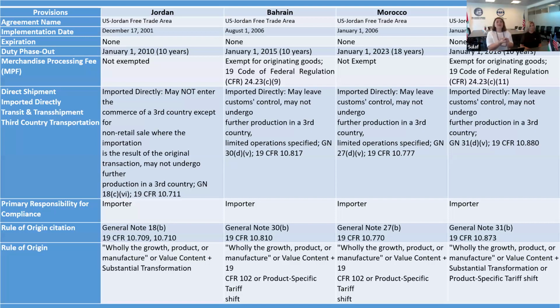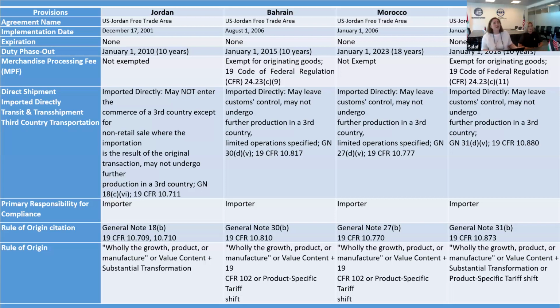Jordan was signed in 2000, came into force in 2001, so it's an earlier generation. But then you have Bahrain, Morocco, Oman, which were part of the initiative from President George W. Bush, the Middle East Free Trade Area. These agreements are the same. They are like second generation agreements, and they contain interesting chapters.